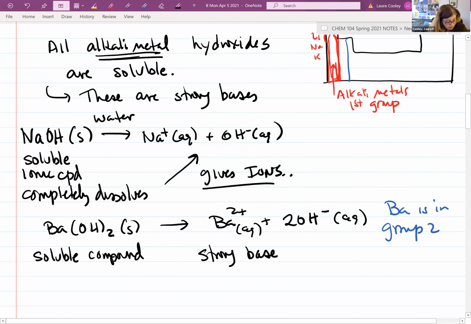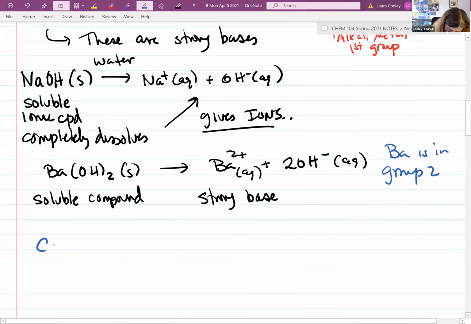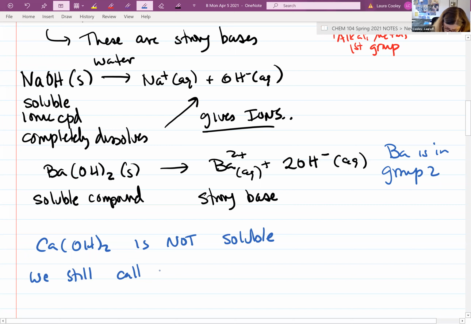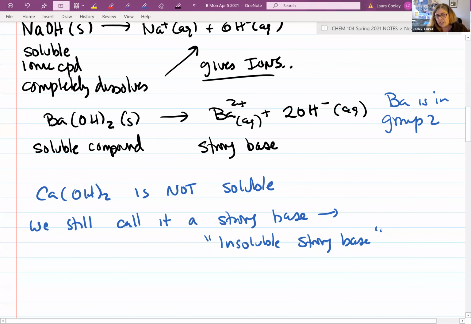There's a lot of insoluble strong bases in there as well. So for example, calcium hydroxide is not soluble, but we still call it a strong base. It's an insoluble strong base. So it would not completely give you ions because it just won't dissolve. So it won't give as many ions.